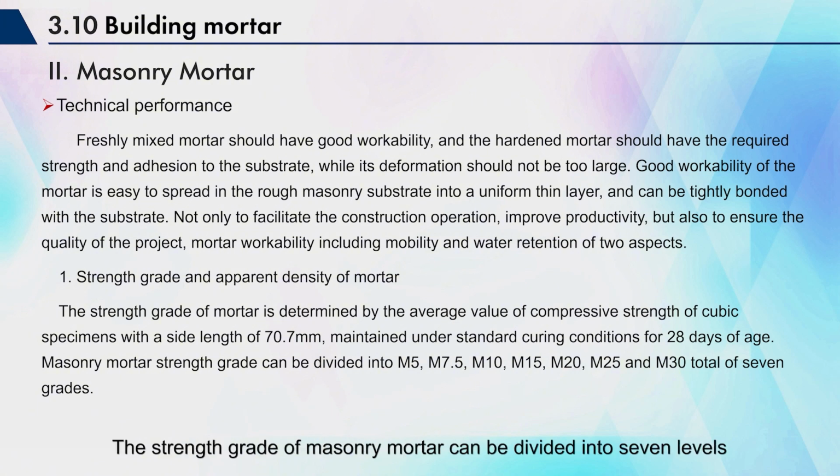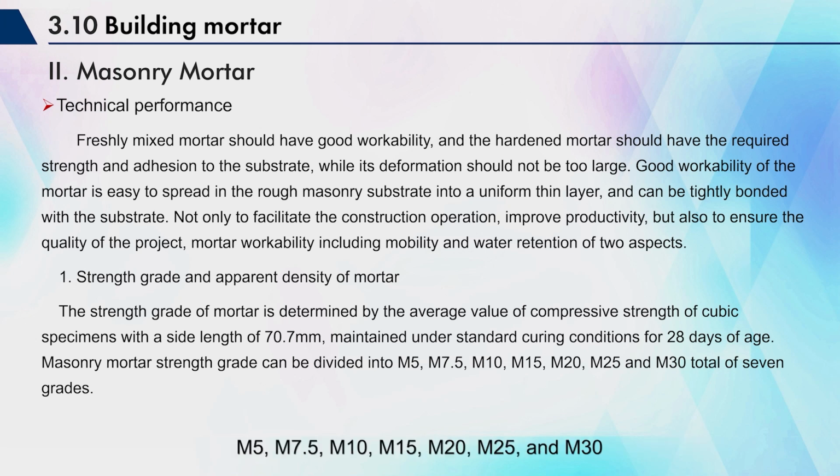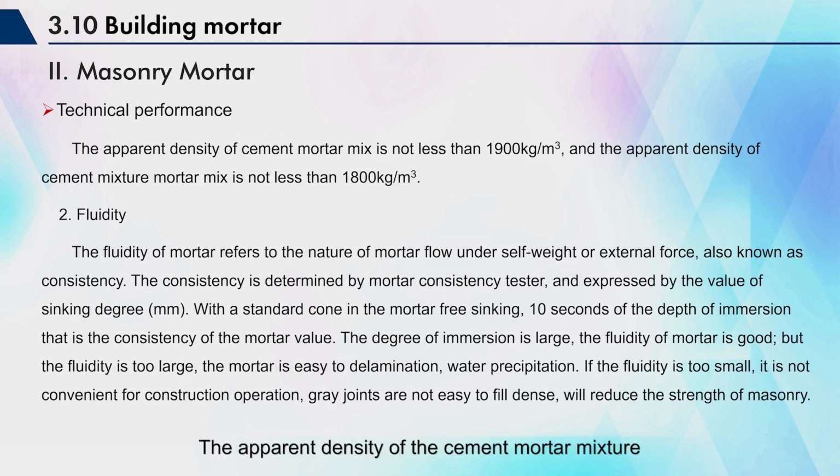The strength grade of masonry mortar can be divided into 7 levels: M5, M7.5, M10, M15, M20, M25, and M30. The apparent density of the cement mortar mixture should not be less than 1,900 kg per cubic meter, and the apparent density of the cement mixed mortar mixture should not be less than 1,800 kg per cubic meter.